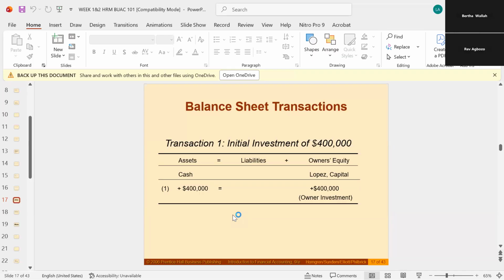If you want to find liability, liability equals asset minus equity. If you want to find equity, it is asset minus liability. So at each point in time, you can find any of these. Since these are the components of a balance sheet or statement of financial position, if they have given you two of the components, you can find the other one. I hope you understand.